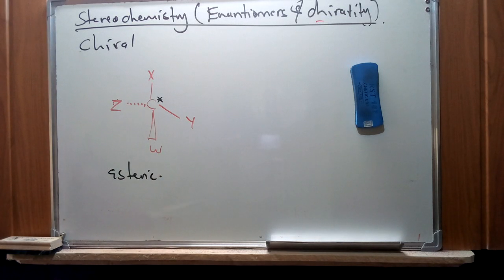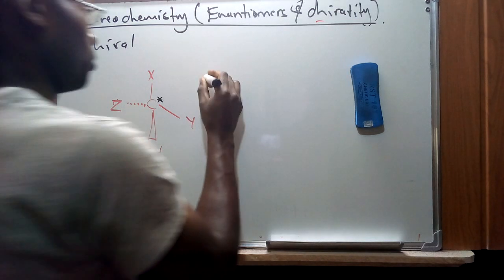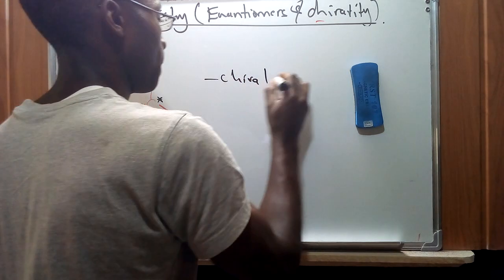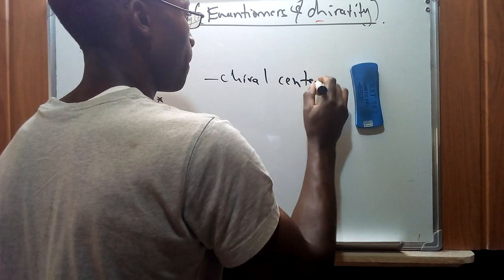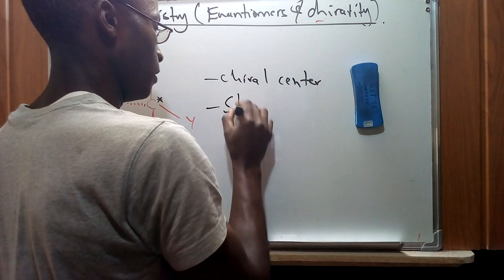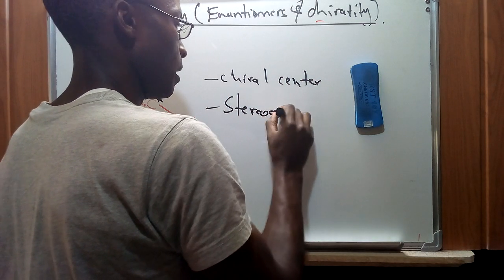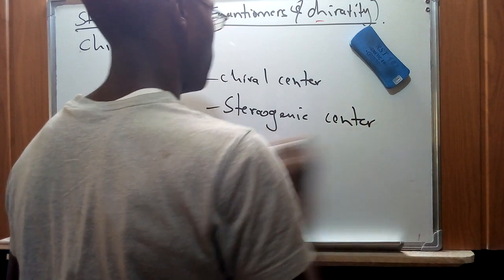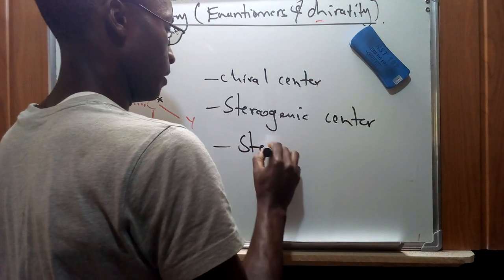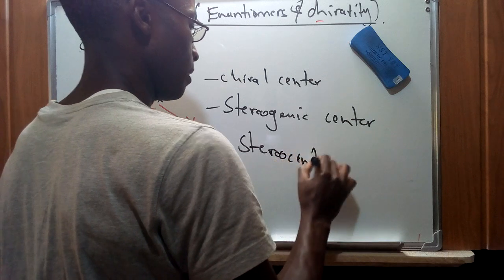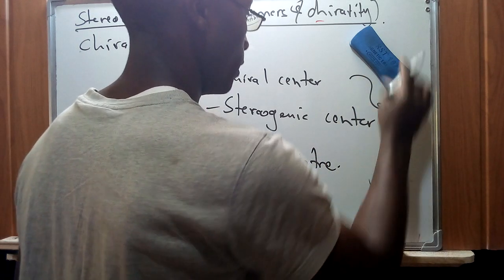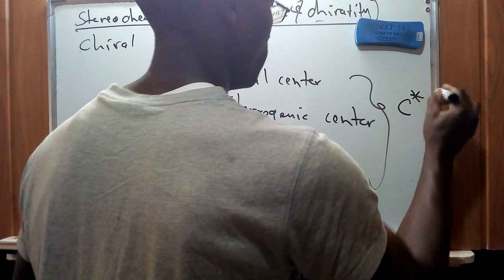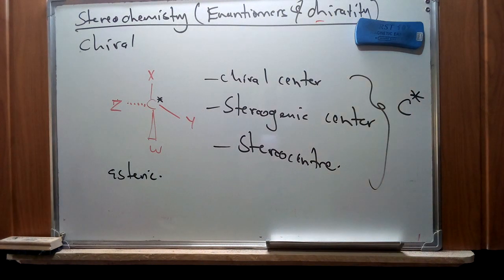That is used to indicate what we refer to as the chiral center, or the stereogenic center, or just specifically the stereo center, which of course is illustrated using the carbon with the asterisk at a specific point.